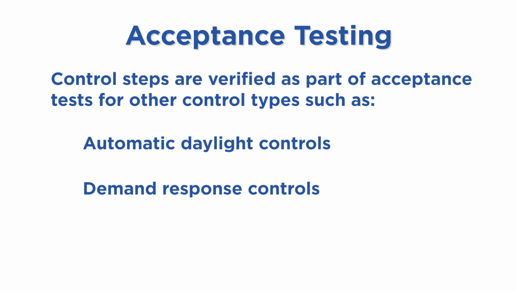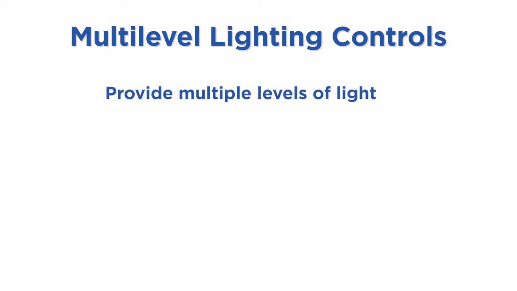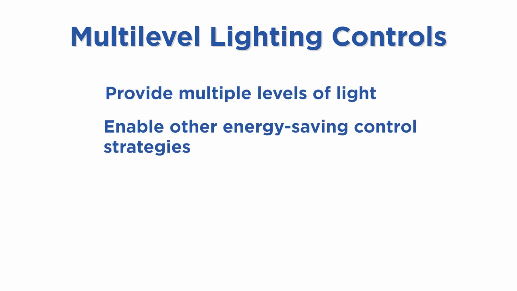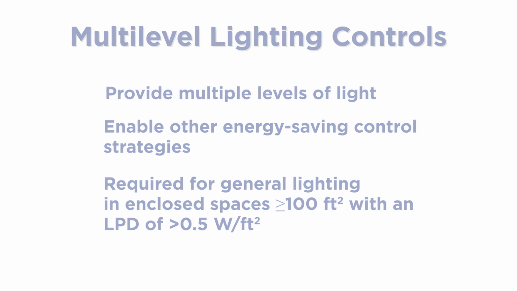Before we end this module, let's review what we've learned. We learned that multi-level lighting controls provide multiple levels of light and enable other energy-saving control strategies. Multi-level lighting controls are required for general lighting in enclosed spaces 100 square feet or greater, and with a lighting power density exceeding 0.5 watts per square foot.